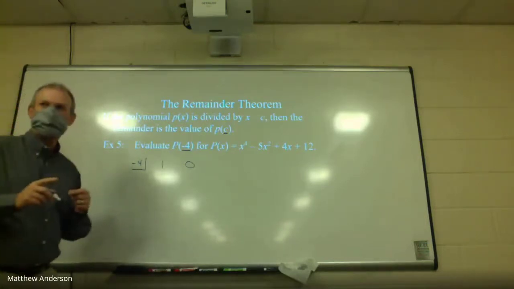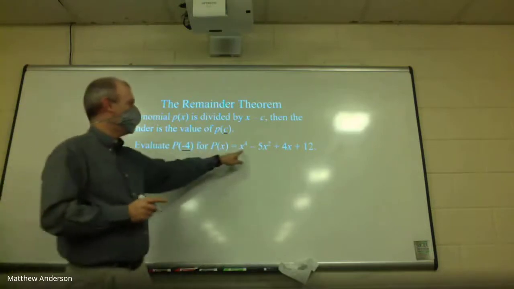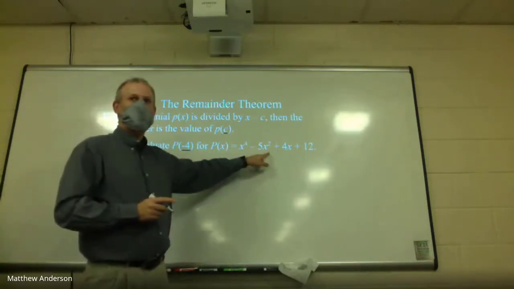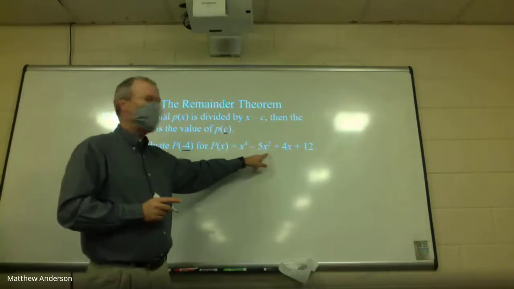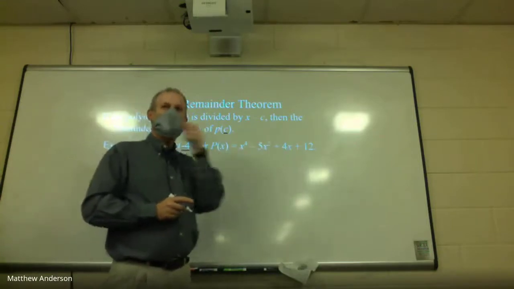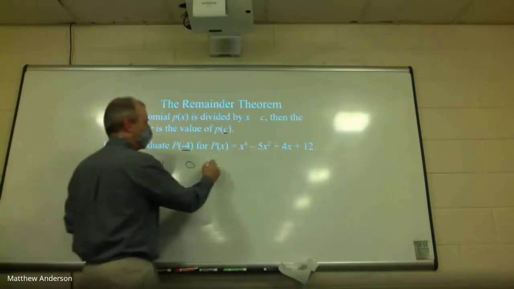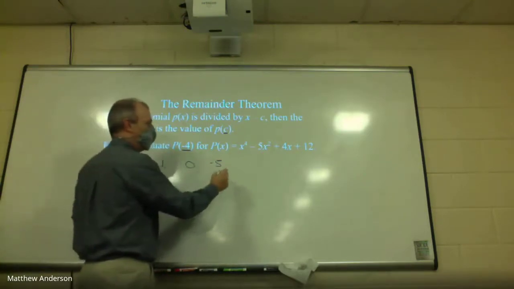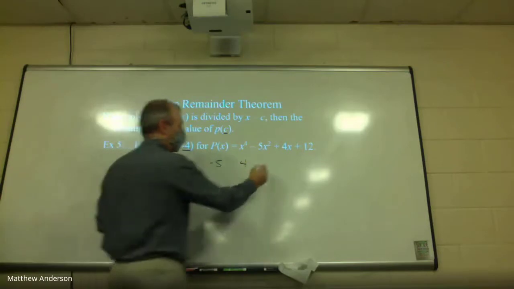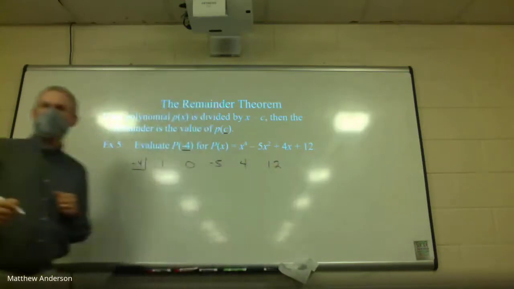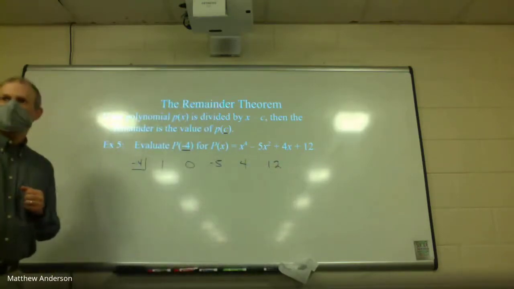You got x to the 4th minus 5x squared plus 4x plus 12. Okay, so we've got 1 and 0, and then negative 5, and then a 4, and then a 12. Okay, are we good there?